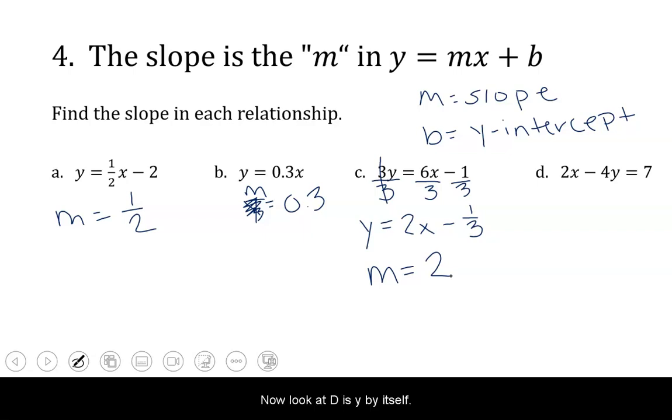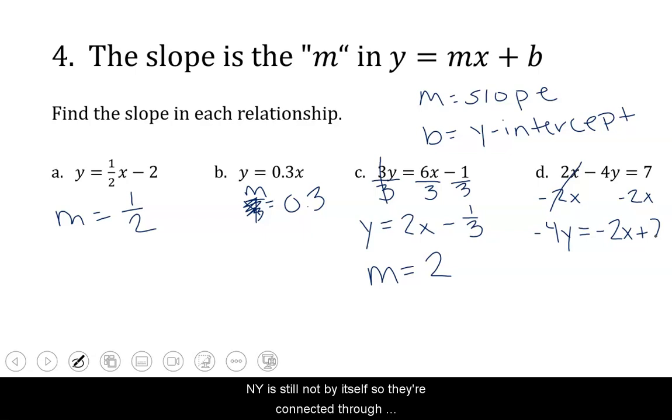Now look at D. Is y by itself? No. So I need to get y by itself. So let's move that 2x over to the other side. All you have to do is opposite. Bring down that negative 4y equals minus 2x plus 7, because that 7 is positive. And y is still not by itself, so they're connected through multiplication.